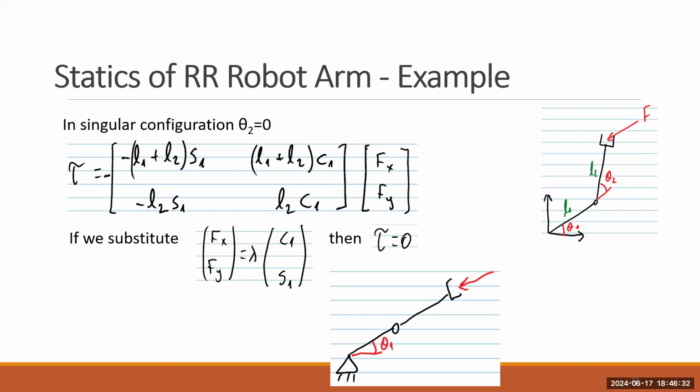Also here we have S1 times C1, C1 times S1, so those also cancel, and we get in total that this tau is 0. So it means that if I apply a force in this direction, I can have a 0 torque at the joint and still it will hold.